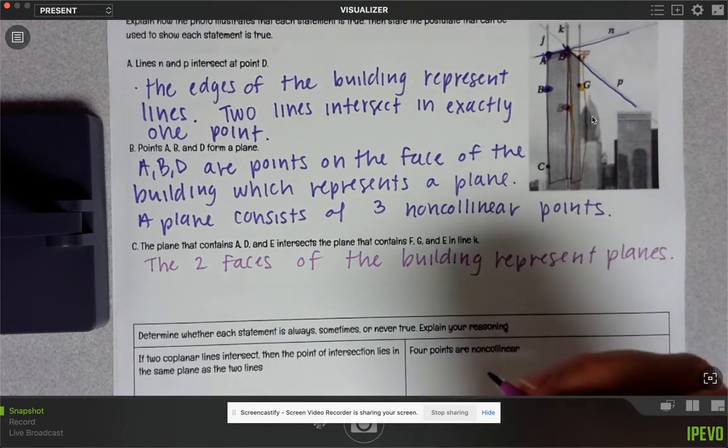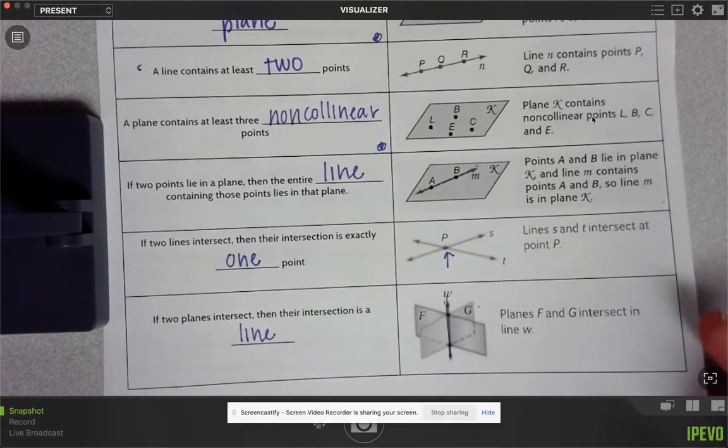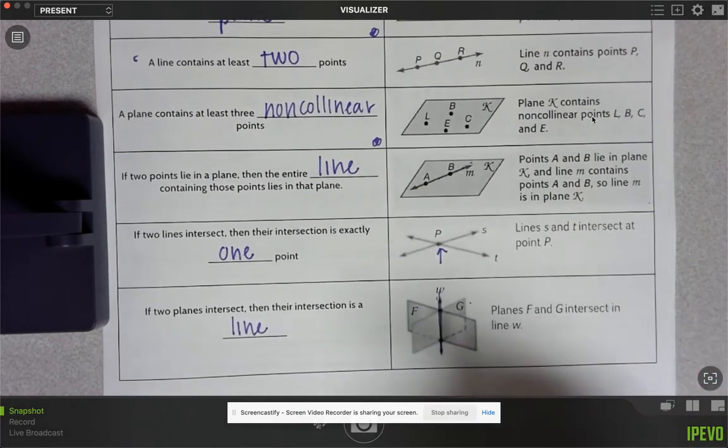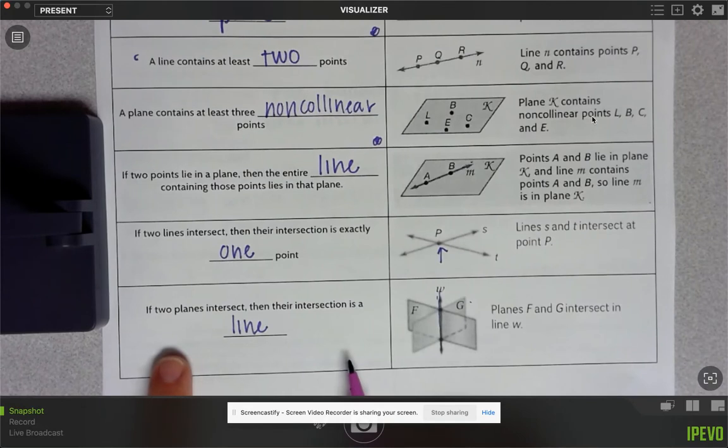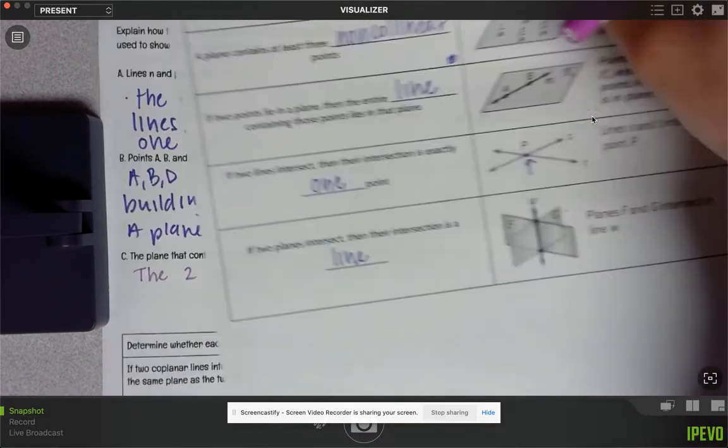And now we're going back to our front sheet. Where does it talk about planes intersecting? Well, we know right here that if 2 planes intersect, they make a line, which would be our line K. So 2 planes intersect in a line.